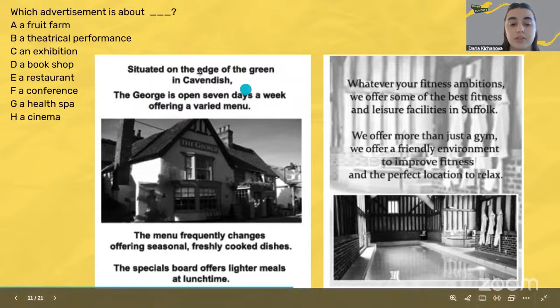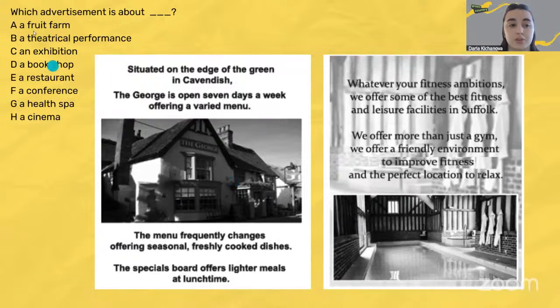So let's read the first one, and there you need to choose the answer from A to H. Reading, yeah. You are very clever. So you listened to me attentively.